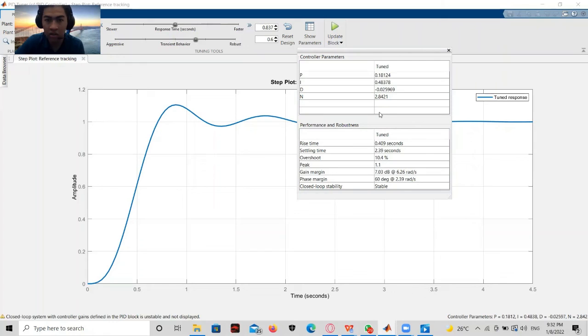I already achieved the requirement of settling time, which must be below 5 seconds, by getting 2.39 seconds. The steady state error is 0% because the y-axis has reached 1, so the steady state error is 1 minus 1 times 100%, equal to 0.